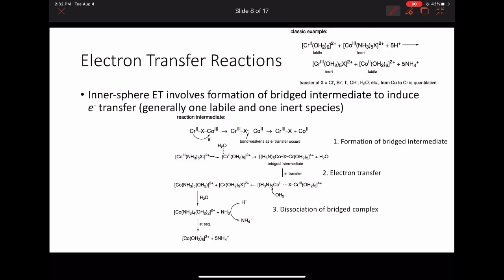And then lastly, because of the nature of this cobalt complex, we then have the exchange of our amines for water. And this has to deal with the cobalt 2 now being a labile system, and this reaction proceeds quite quickly in terms of the exchange of amine for water.